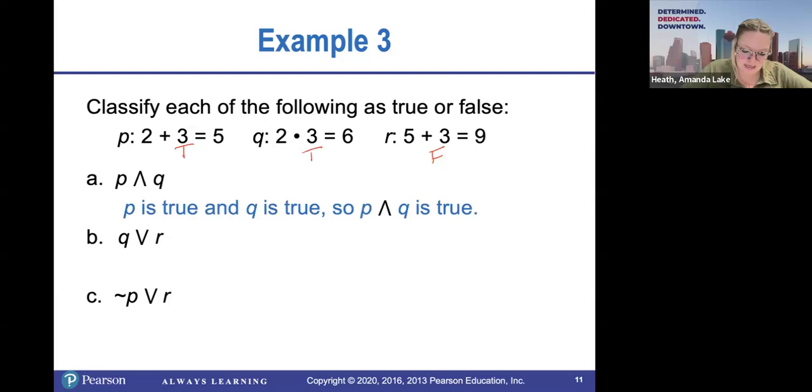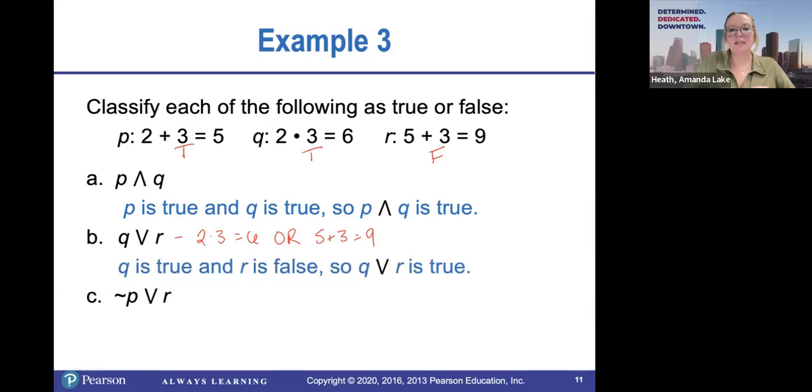Q is true again, R is false. So Q or R is still true, because this statement would read 2 times 3 equals 6, or 5 plus 3 equals 9. Yes, that's true, because the first part of the statement was true.